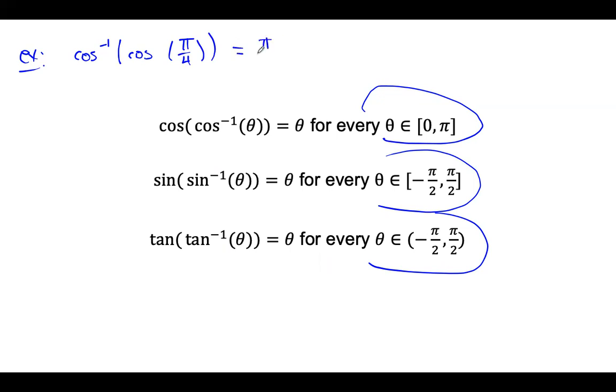This is pi divided by 4. And sine inverse of sine of pi divided by 3 is equal to pi divided by 3, because these are in the domain of what theta can be in.